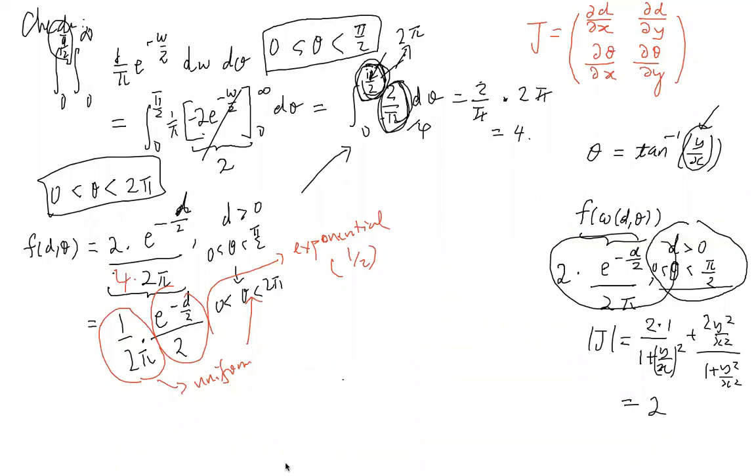Okay, so now we have this joint density. Basically, we know that our R square and this theta are independent.